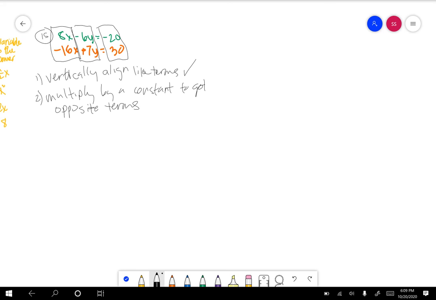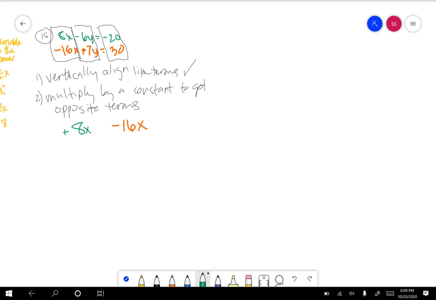So if you look at our x's, because that's what we're going to change, we have 8x and we have negative 16x. So we know that we want opposite signs, meaning positive and negative, which we already have, right? The 8 is positive, the 16 is negative. So we're good there. We don't have to multiply by a negative number to make things negative or anything.